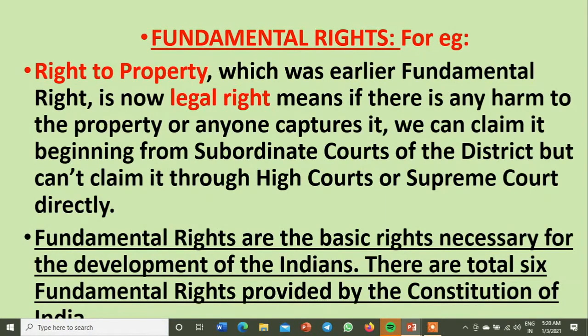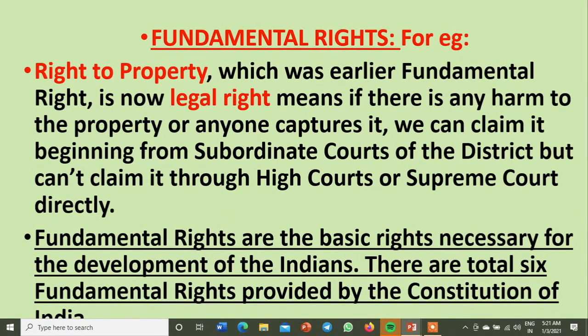But now the right to property is a legal right. It's no more a fundamental right. In case there is harm to the property, then we need to go to the subordinate courts of the district. So fundamental rights are the basic rights necessary for the development of Indians.